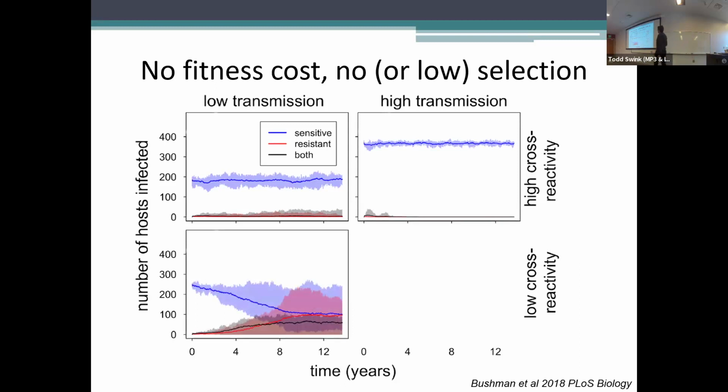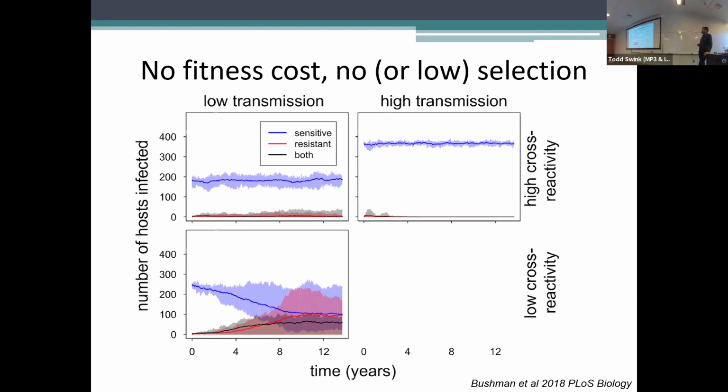Then we can look at, so this was all for high cross-reactivity. That means, again, that the immune system affects both of them much more similarly. That means stronger competition. We can relieve that a little bit, have low cross-reactivity. And then you can see that there is this competitive release. So this is where this new parasite that comes in red can actually start increasing in frequency, because even if the other parasite is already there, it can come in because the immune system doesn't suppress it as soon as it comes in.